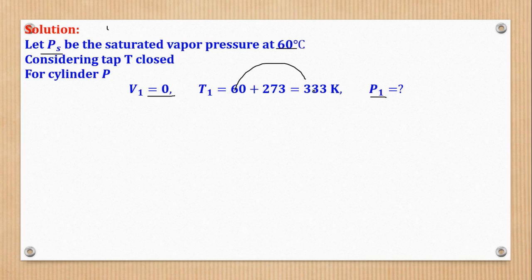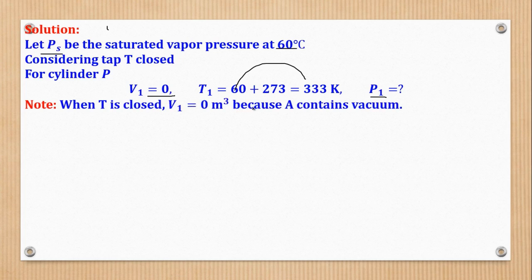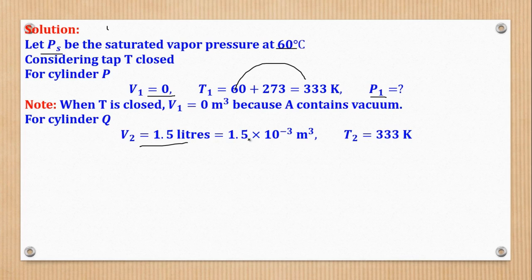The pressure, we don't know it, which obeys gas laws. So this was the reason why V0. Then for cylinder Q, V2 is 1.5 liters, which is converted to meters cubed, and temperature is still the same, it is constant. Pressure is P total minus PS, which is that.